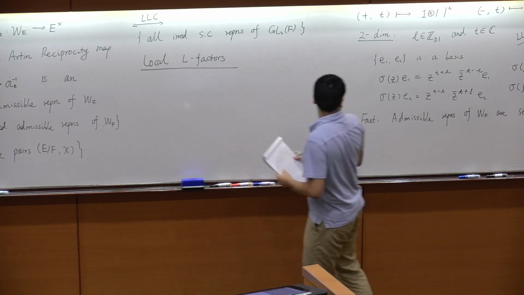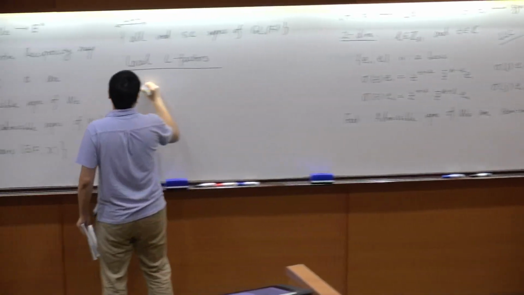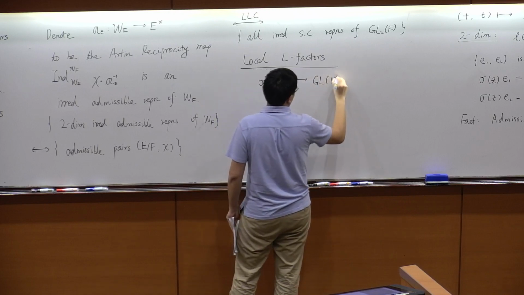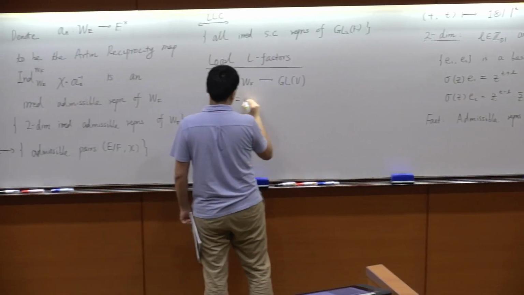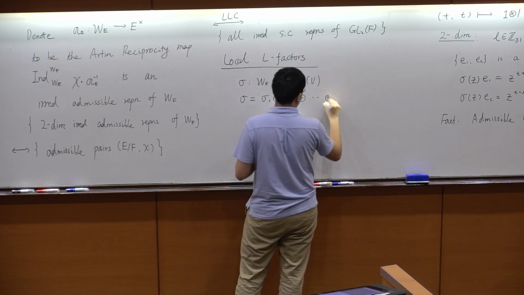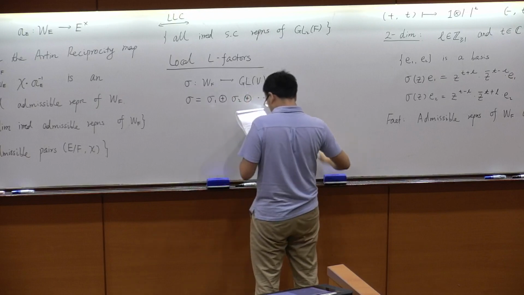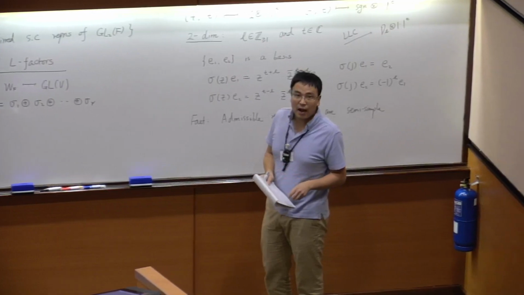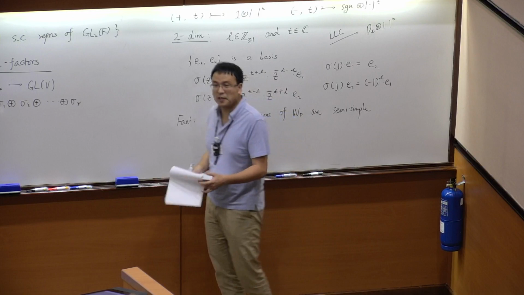Okay, and we know these representations are semi-simple. So if we start from one, we can always decompose it as a direct sum. Okay, so for the epsilon factor and the L factors, they satisfy the additive properties.